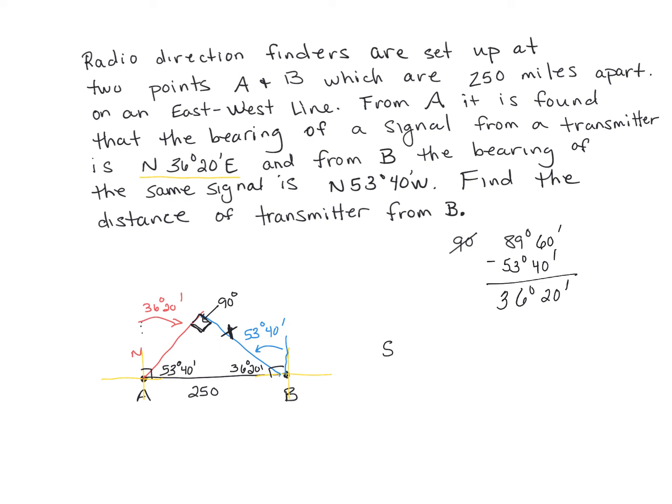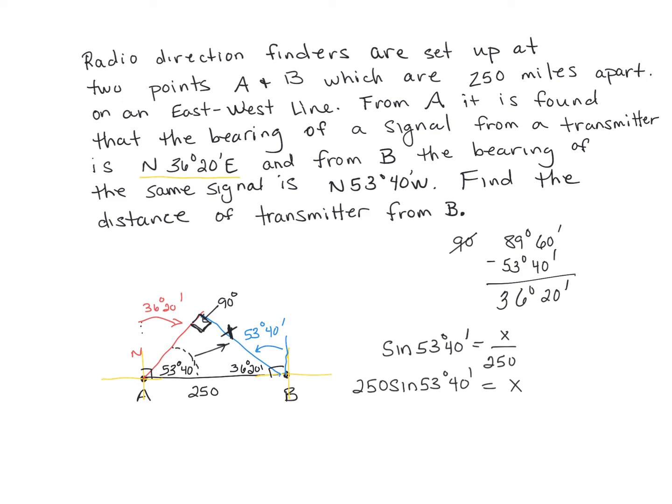So I can say sine of 53 degrees 40 minutes, so I'm looking at this angle here, is opposite, which is x, over my hypotenuse, which is 250. So now I'm going to do 250 times sine of 53 degrees 40 minutes is equal to x.